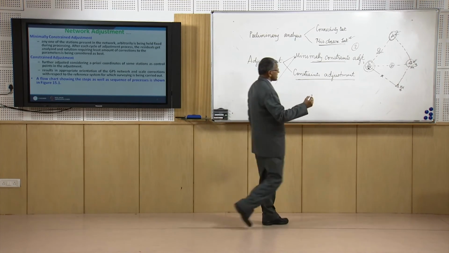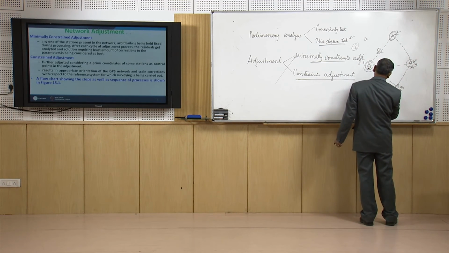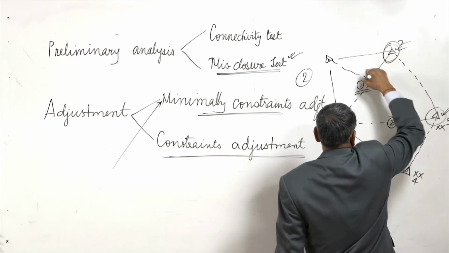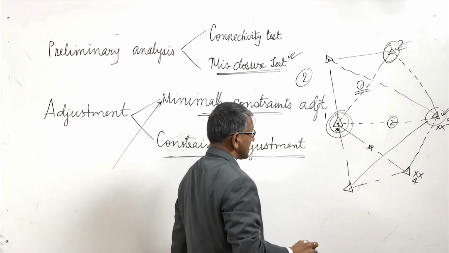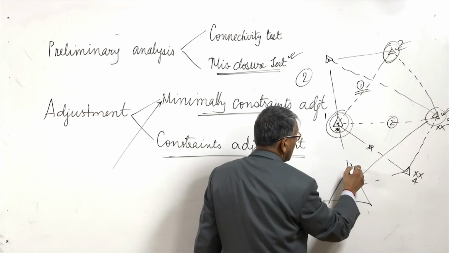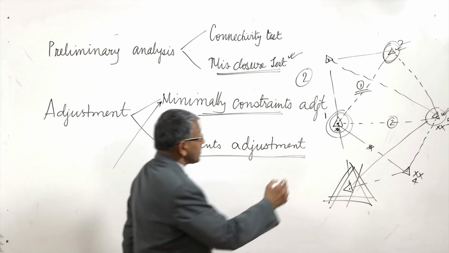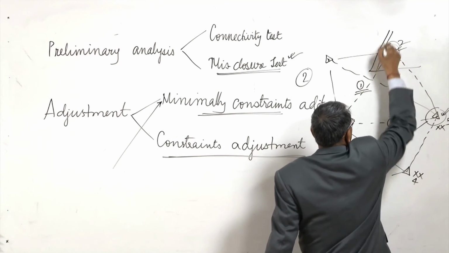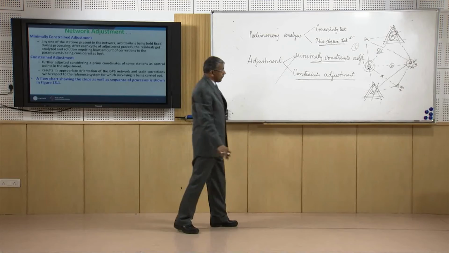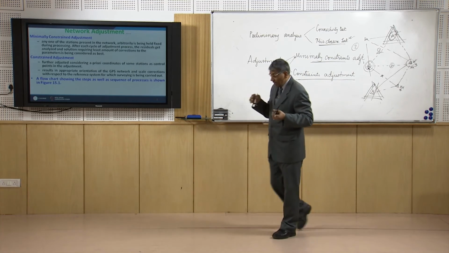Suppose we have a station like this, and suppose this is another station. These two stations are control points whose location with reference to some reference frame is already known.